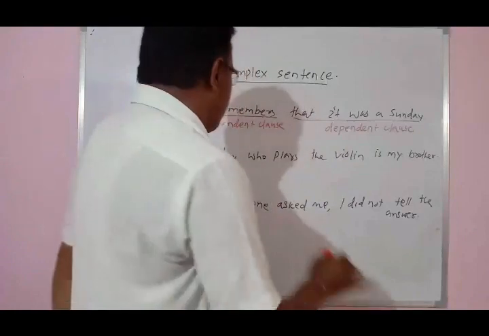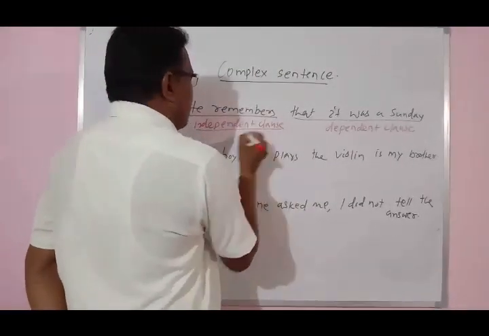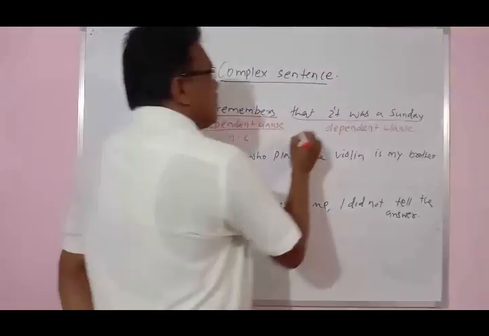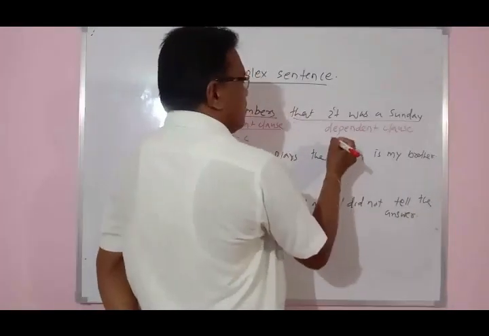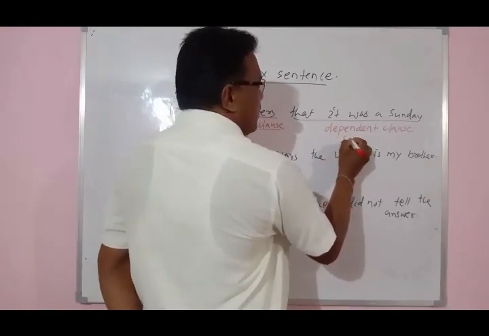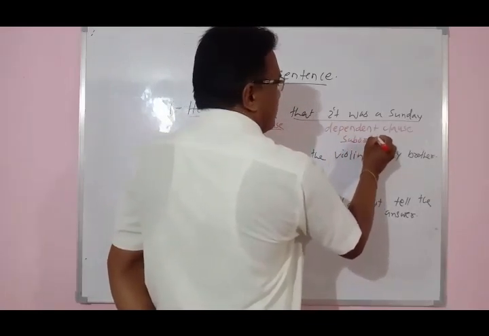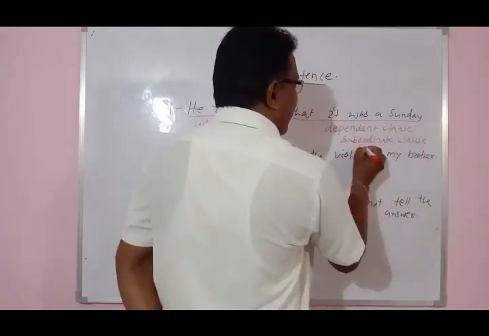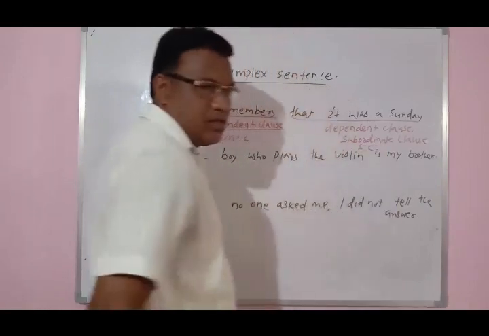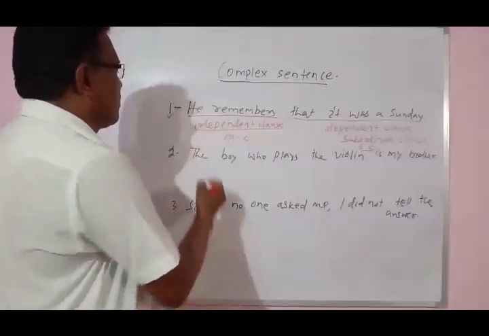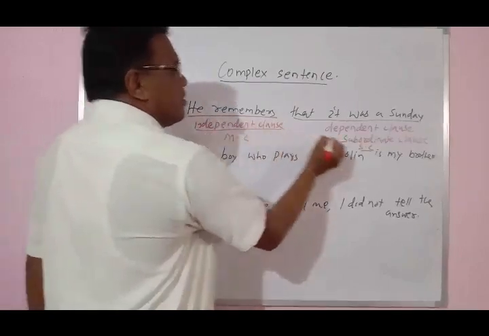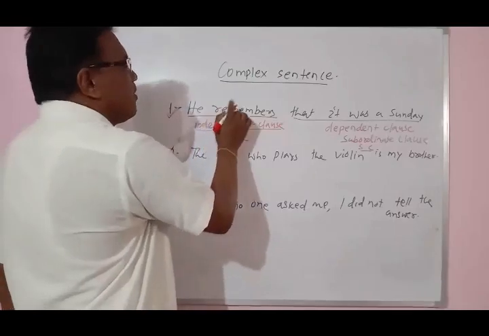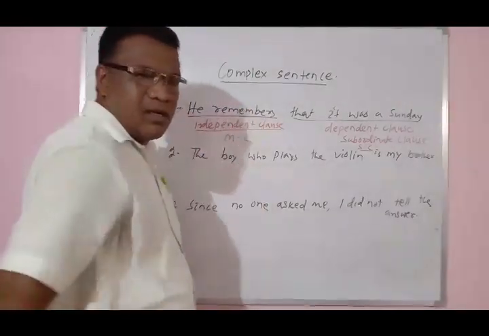We can say independent clause as MC or main clause, and dependent clause is subordinate clause or SC. One main clause and a subordinate clause make a complex sentence. This sentence is a complex sentence.